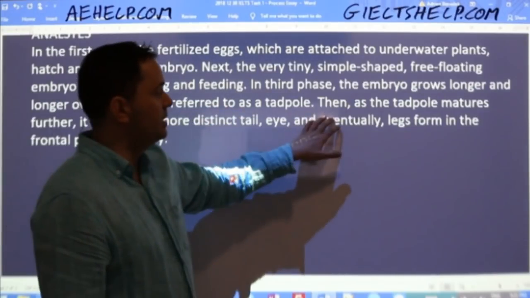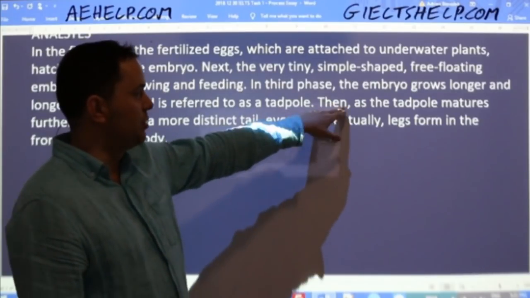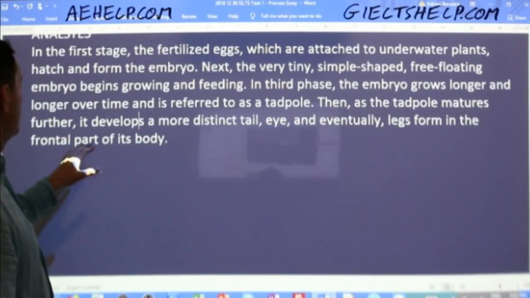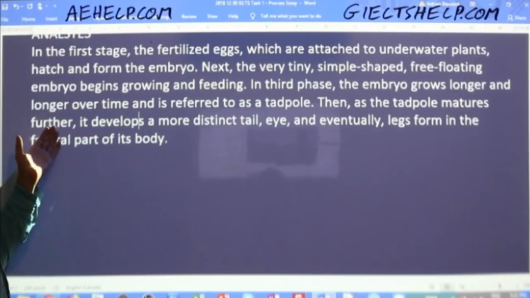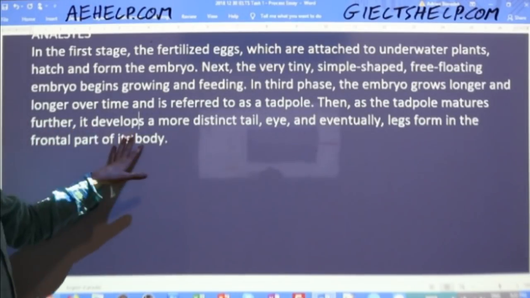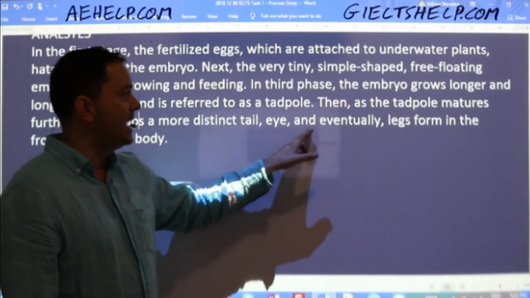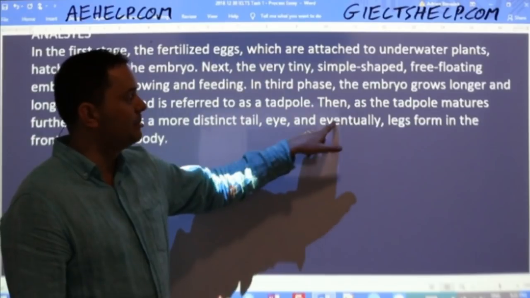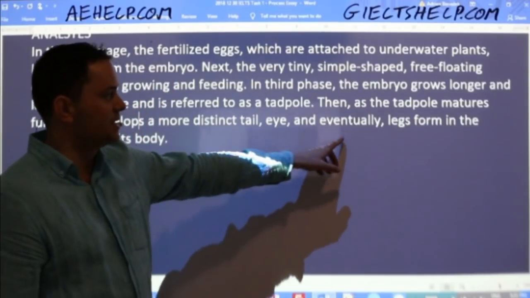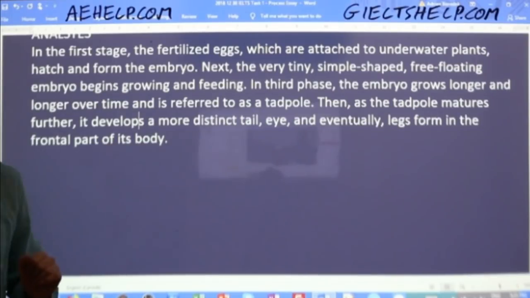So then, because I'm beginning with an expression, usually leading expressions are followed by a comma. As the tadpole matures further, again, it's a descriptive phrase, so I'm using a comma. It develops a more distinct tail, because I'm listing. And eventually, because here I'm again putting a time clause in, legs form in the frontal part of its body.